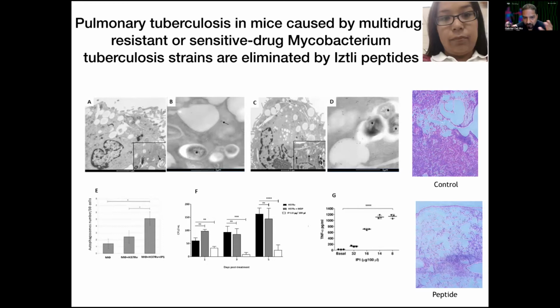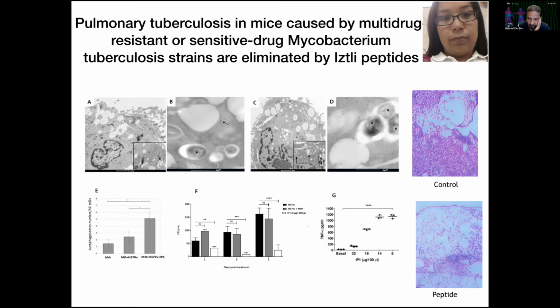She showed that the peptide is capable of killing the drug-sensitive strain of Mycobacterium, as well as the multi-drug resistant strains. But she also showed that the peptide may kill the bacteria that reside inside macrophages infected with this bacterium by activating autophagy.